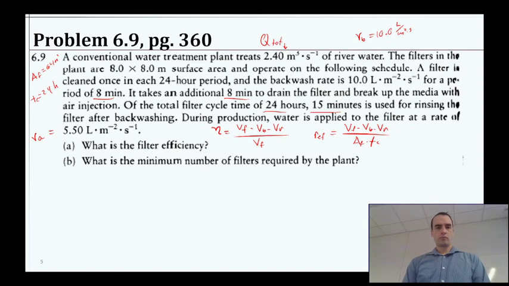That is 15 minutes. That still feels wrong. I guess it's like a backwash; that kind of makes sense.